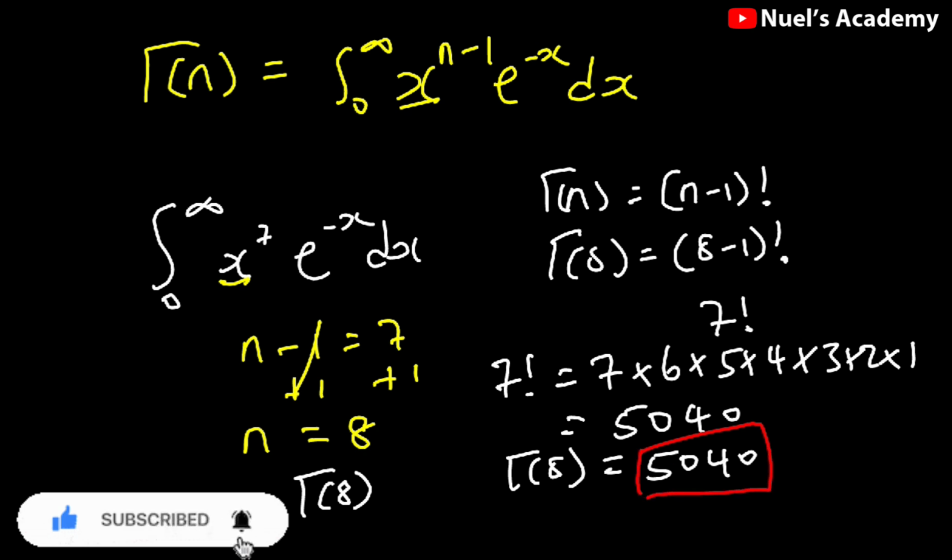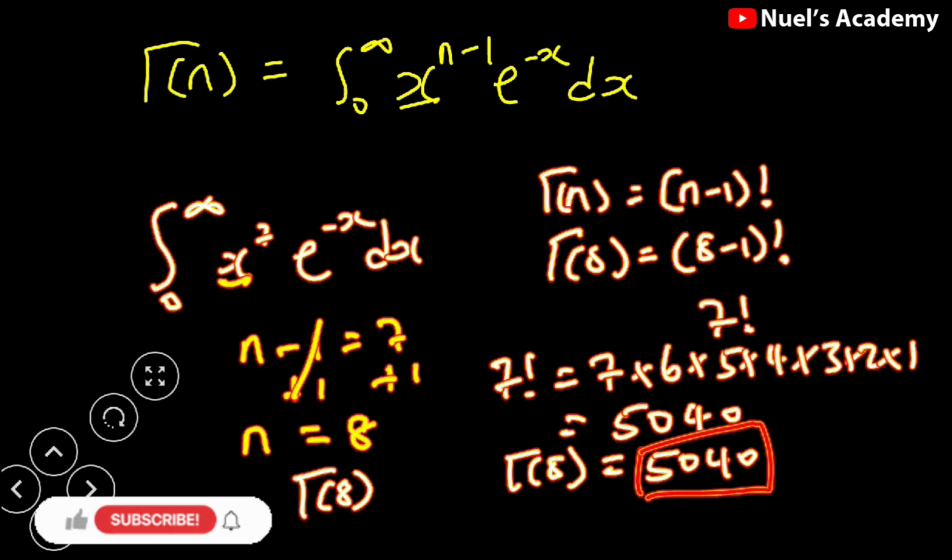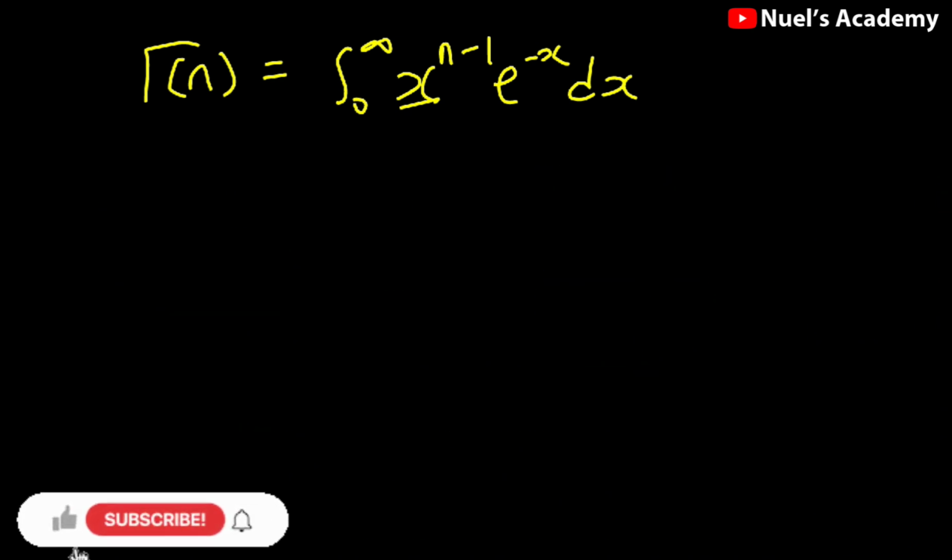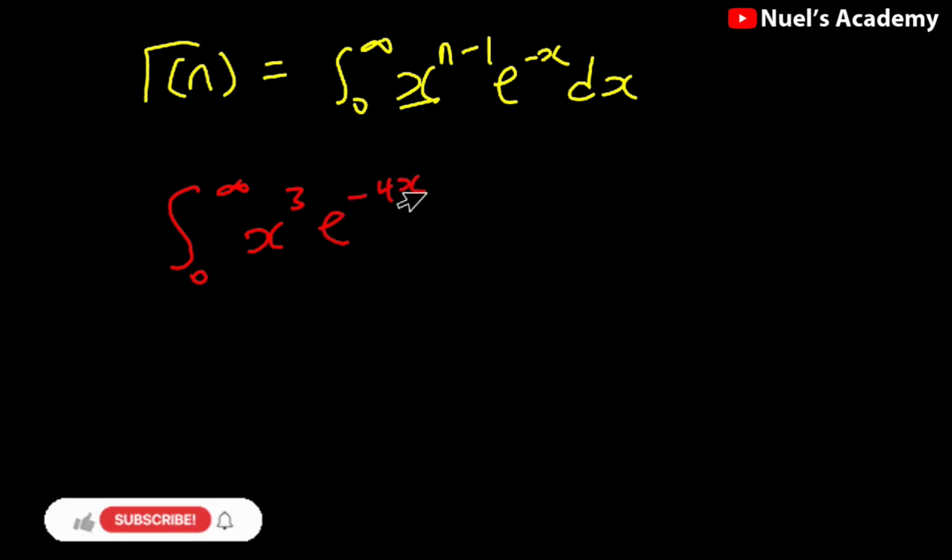Let's look at another example. Now let's evaluate the integral from 0 to infinity of x to the power of 3 multiplied by e to the power of -4x.